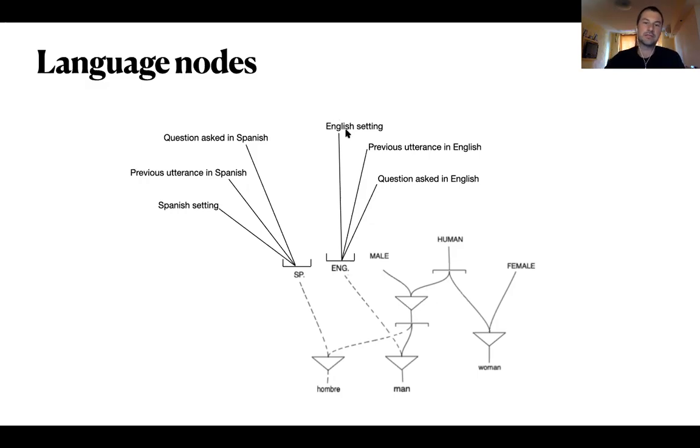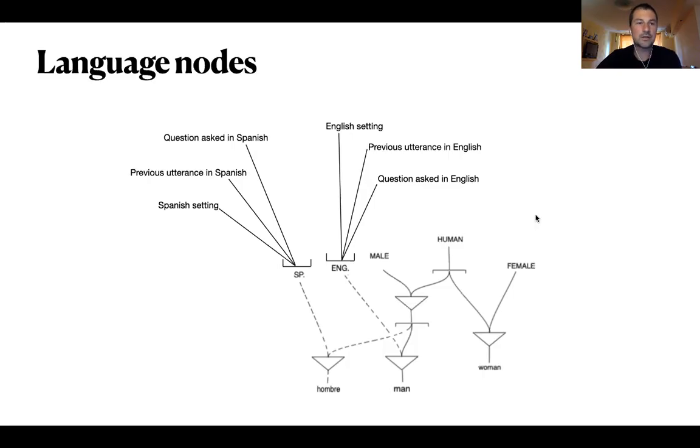For example, those parts of the system accounting for an English geographical setting or linguistic context, like the previous utterance being in English or a question asked in English, and many other nodes of the system, any of them or any combination of them being able to activate this node, which then, towards the bottom, towards the expression part of the system, would be connected to all those lexemic nodes that we would call English words, so the English lexicon in the system. And the same goes for the Spanish language node.